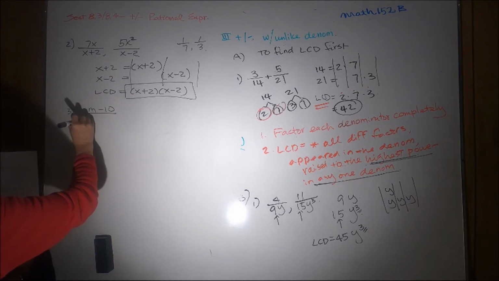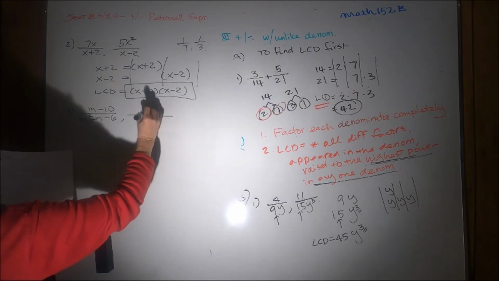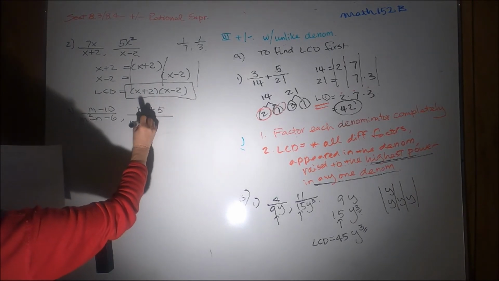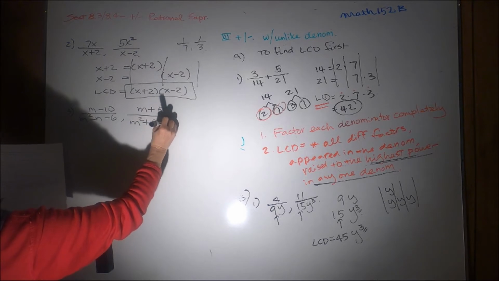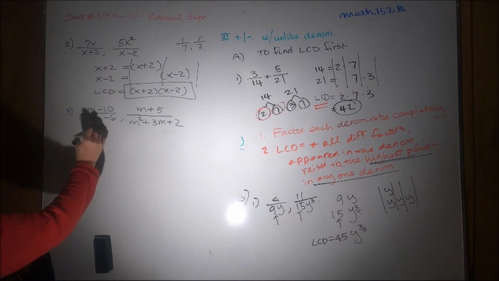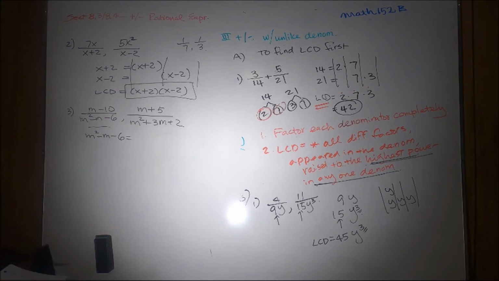Number 3, you have 2 rational expressions. If we have to add or subtract them, we have to find the LCD first. So we figure out the denominators in prime forms first. So this is what? Trinomial.